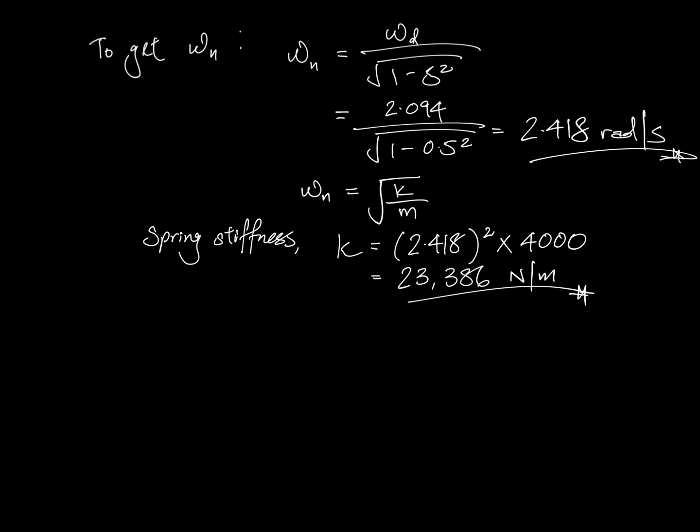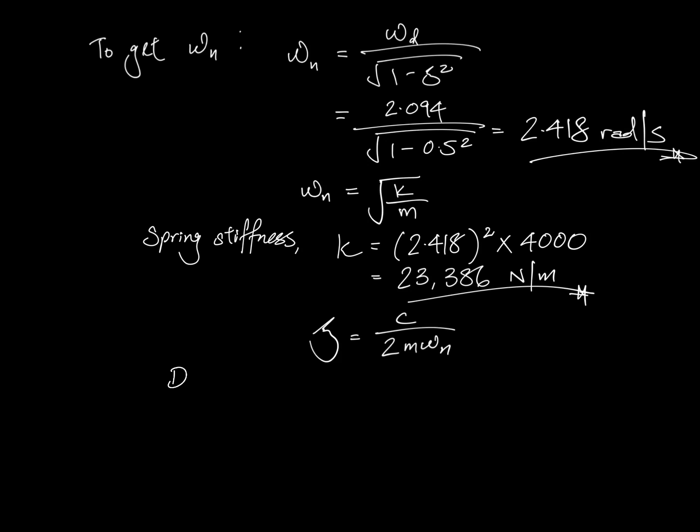Okay, so we are also asked to find the critical and the damping coefficient, which we will do with the help of our damping ratio, which is our zeta, and it is equals to C over 2 m omega n.